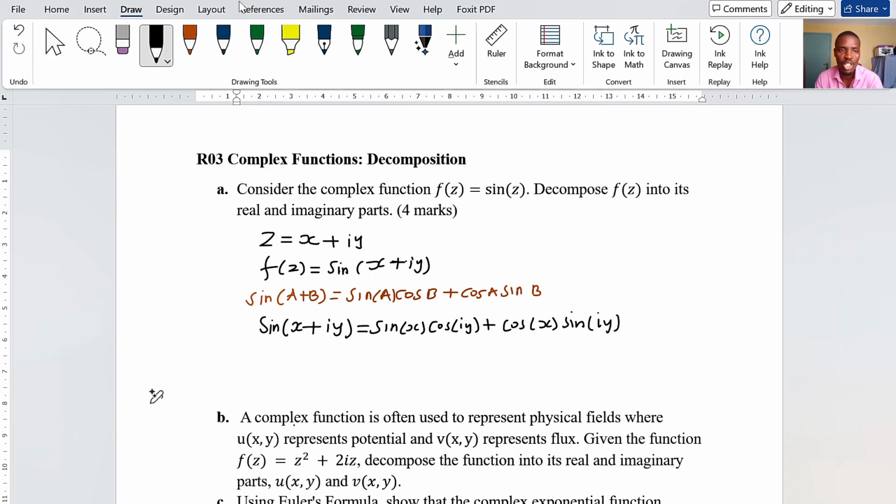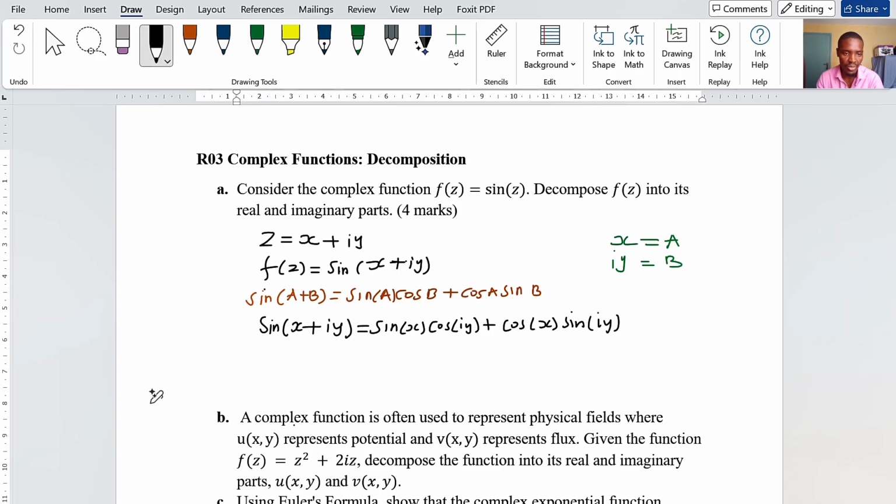Now, taking note, you should note that our x is our A and iy is our B. Now we are good to go.